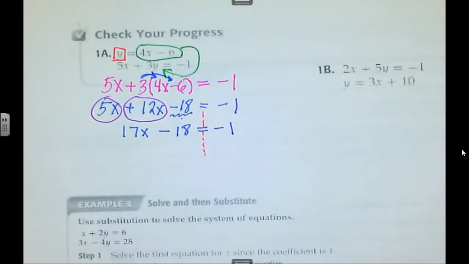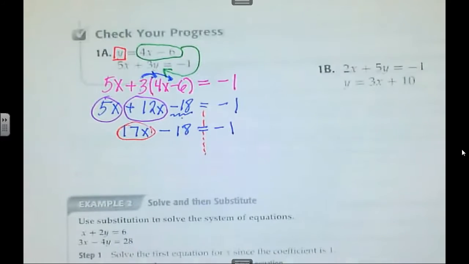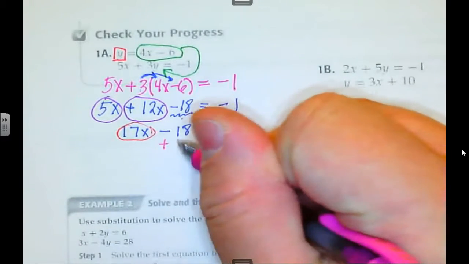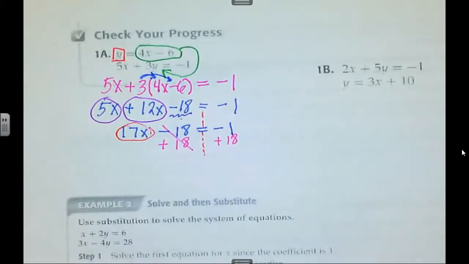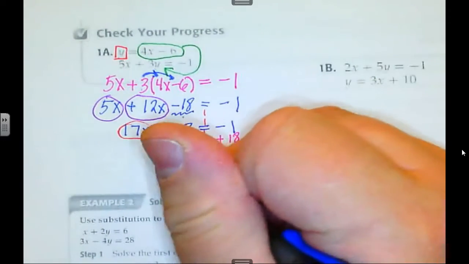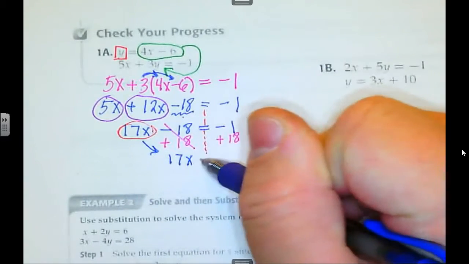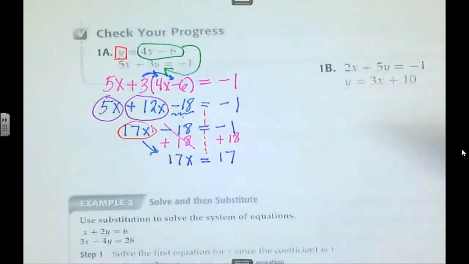Now I've got to solve for x. I have to get the x term by itself. So I'm going to add 18 to both sides. 18's add up to 0. Bring down my 17x equals negative 1 plus 18, 17.